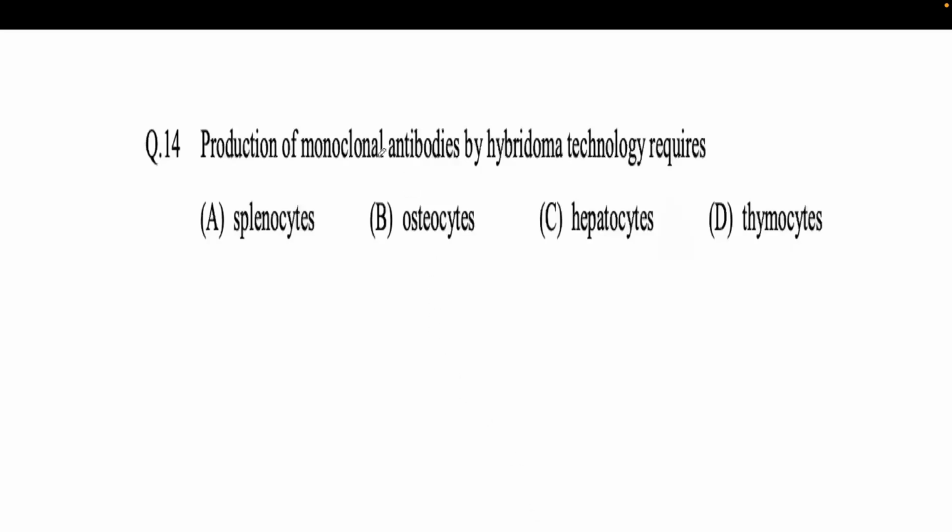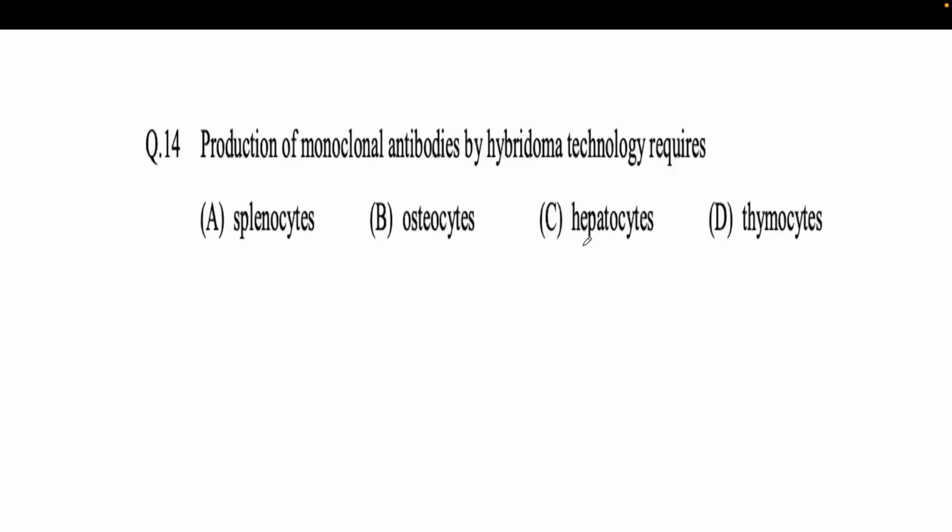In the question it has been asked: production of monoclonal antibodies by hybridoma technology requires which of the following? The options are splenocyte, osteocyte, hepatocyte, and thymocyte. What will be the correct answer?